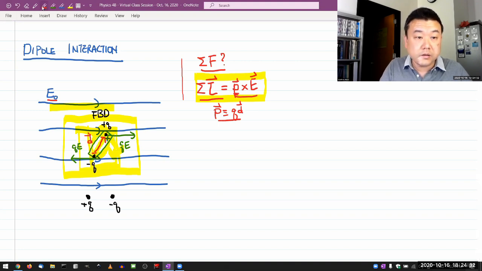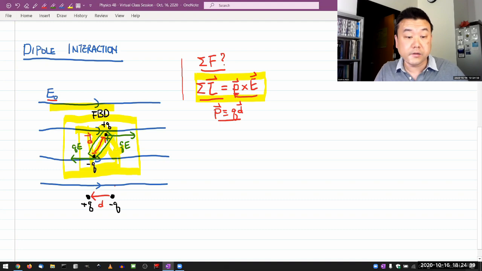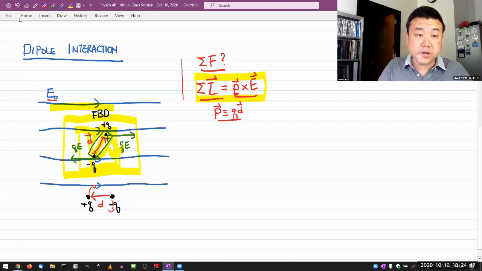So the displacement vector and the dipole moment are pointing anti-parallel to the electric field, because from this position it'll rotate around. And the position of lowest potential energy is this flipped around, where you have negative charge here and positive charge here, and the displacement and the dipole moment are pointing parallel to the electric field.